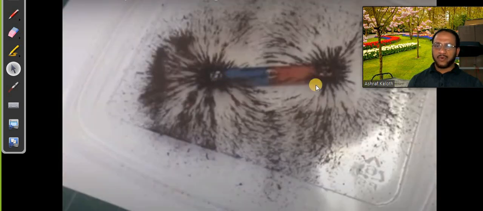The iron filings are concentrated maximum at the north and south, and in the middle region, fewer filings are there, and they are aligned almost in the direction of field lines. At these two points, magnetic field strength is maximum. Where there is more strength, more iron filings will be gathered.